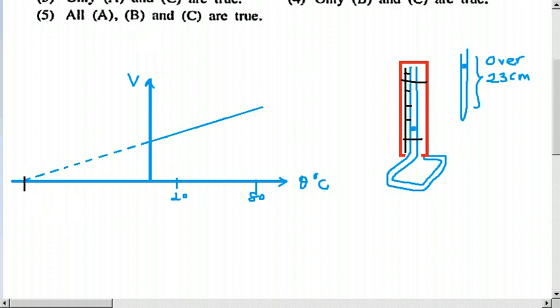Minus 273 Celsius. In Celsius we say that is minus, because 0 is here.